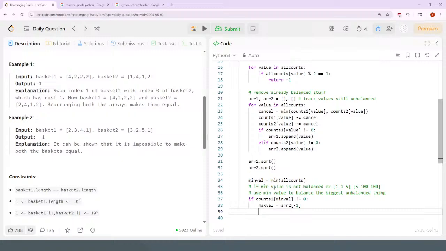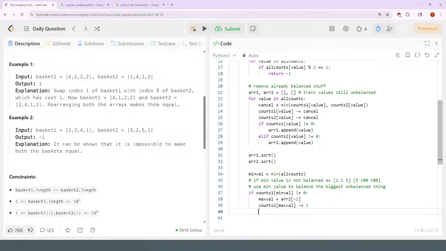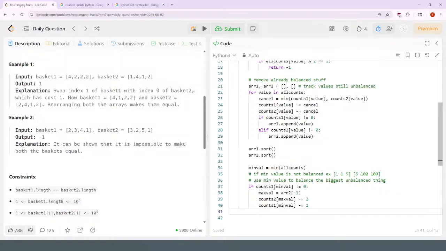I think, yeah. So counts 2 of the max value. And at this point, the min value should be the front of array 1. So once I do that, the counts should go down by 2 pretty much.